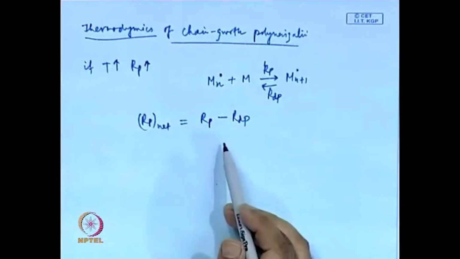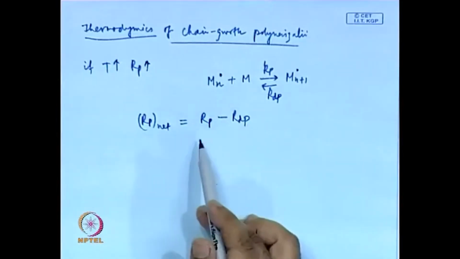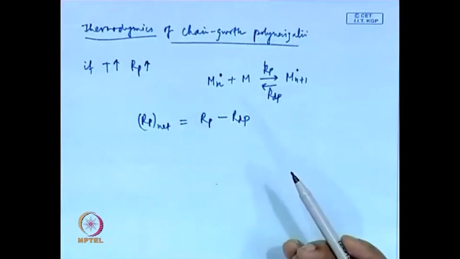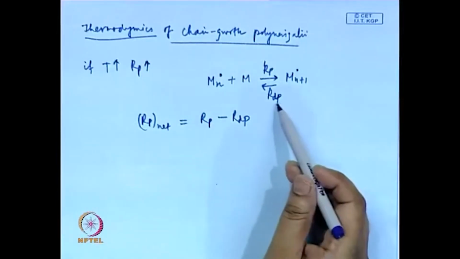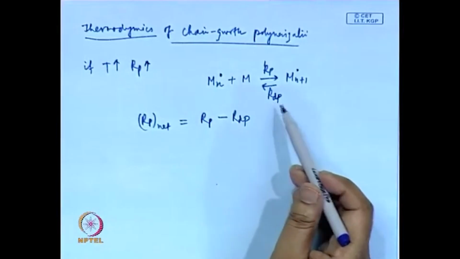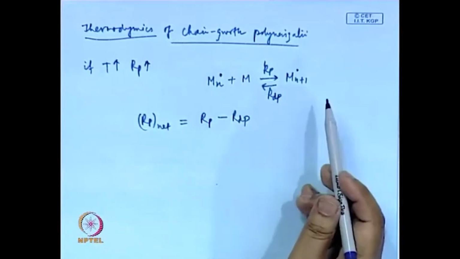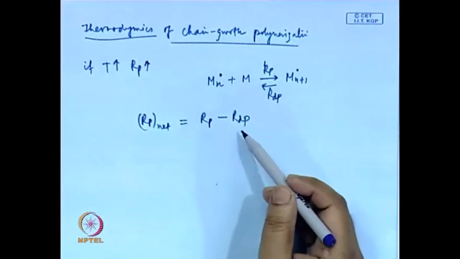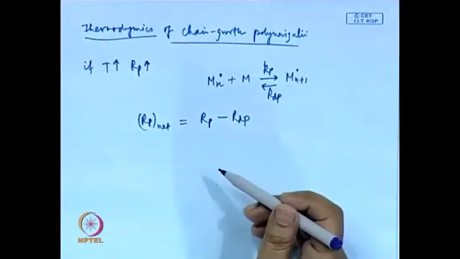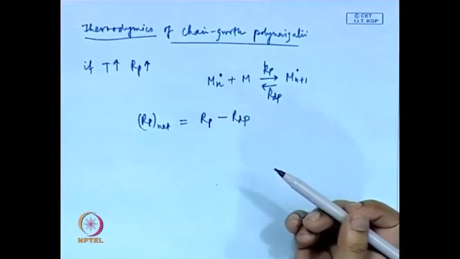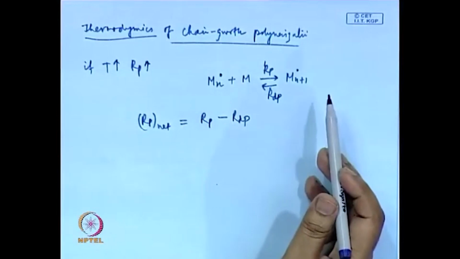But if we increase the temperature, at some temperature the rate of depolymerization will also be significant. In those cases, we have to consider the rate of depolymerization also, and if you increase the temperature further, the rate of depolymerization also increases, as does the rate of polymerization, as we discussed just now.